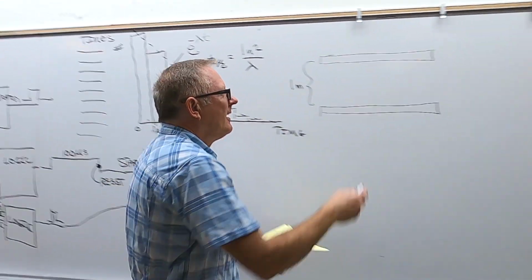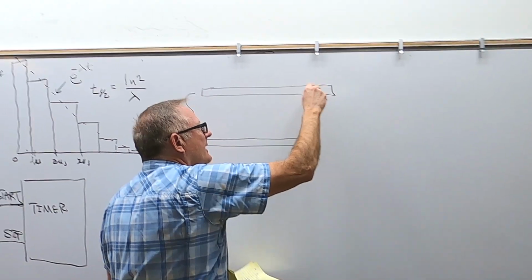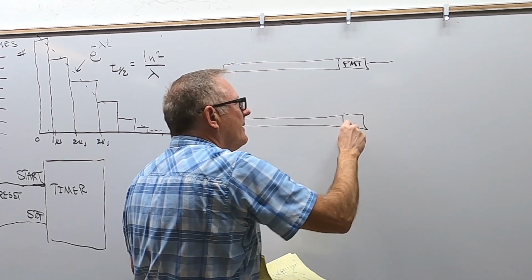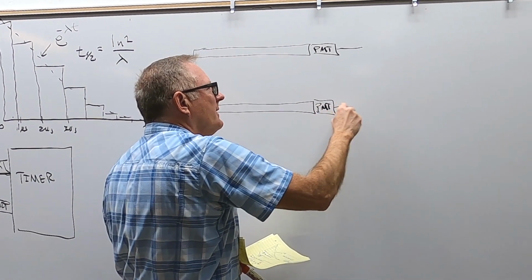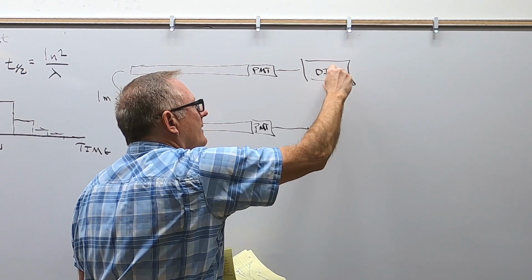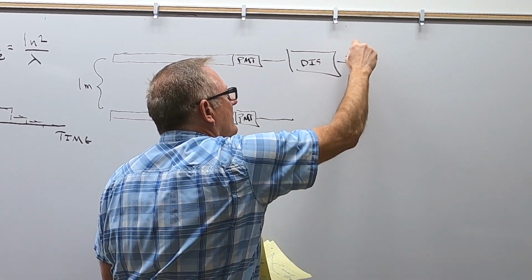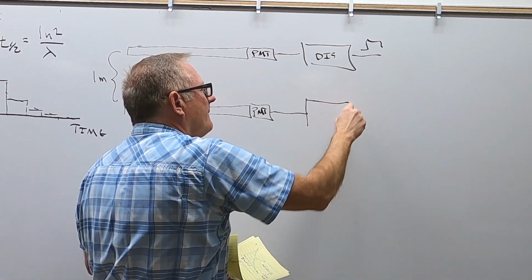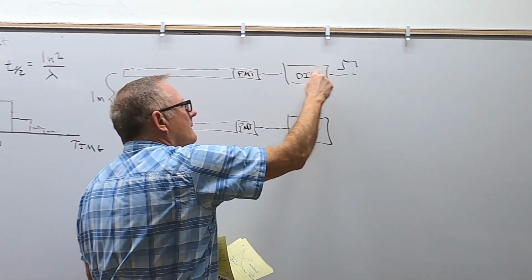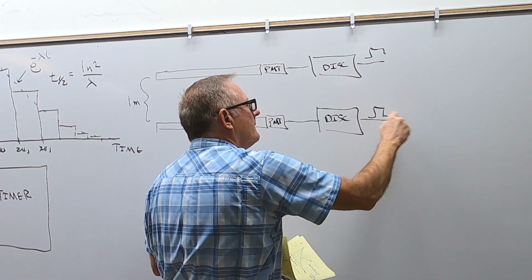And again, I'm going to go through my PMTs, photomultiplier tubes, go through my discriminator to turn it into a digital signal. So here's my discriminator, and then I get a digital signal, and then down here, digital discriminator, and I get a digital signal.